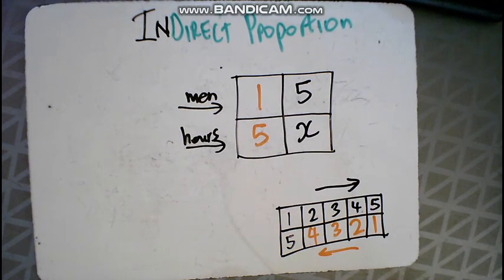So for all indirect proportions, we multiply coming down. But please note that we have to keep our rows horizontal, the men in one row and the hours in another row.